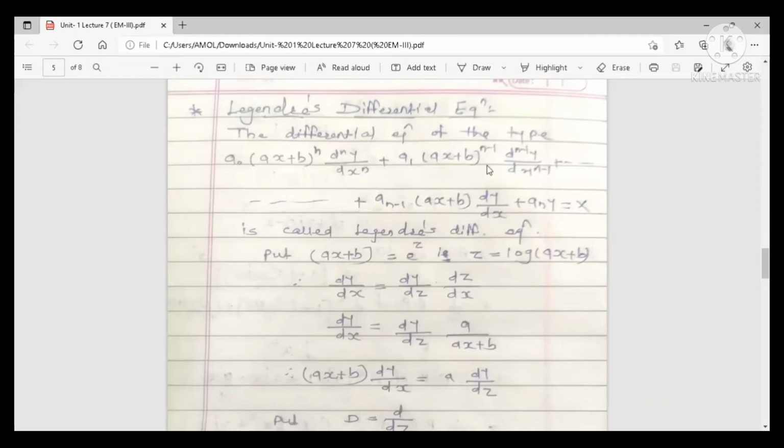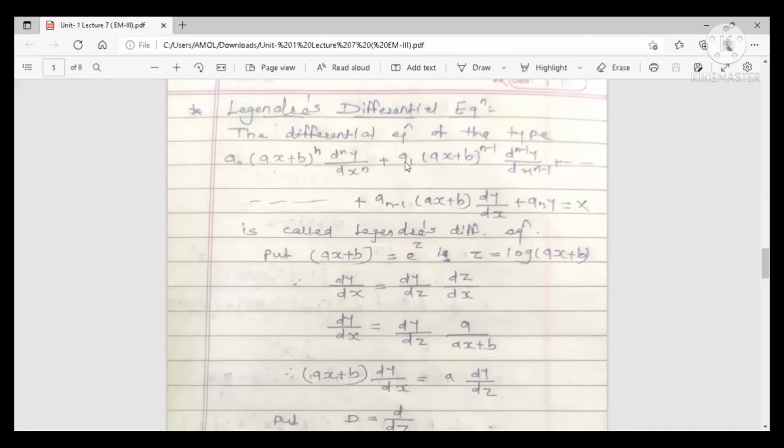With that derivative term, there is a polynomial function of the type ax plus b, and the degree of the polynomial is equal to the order of the differential coefficient present in the same term. If this is the condition, then that type of equation is called Legendre's equation. In the RHS, there is a usual function of x, like the LDE.